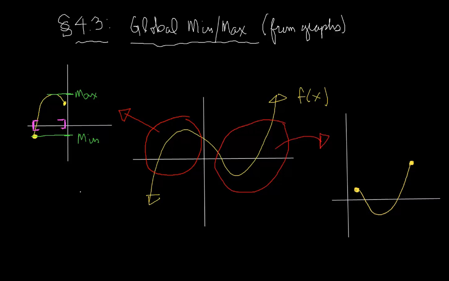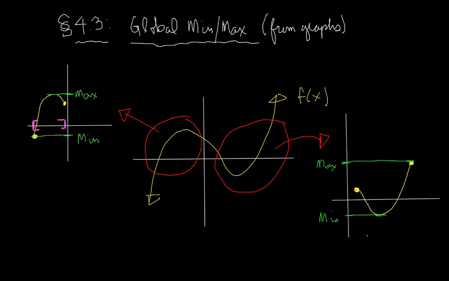Now let's see, where's the min and where's the max, the absolute maximum and the absolute minimum? Well, the absolute maximum is right here. There's the max, it's that y value. And the min is actually located here. There's the min.